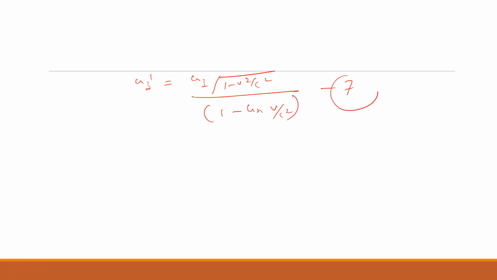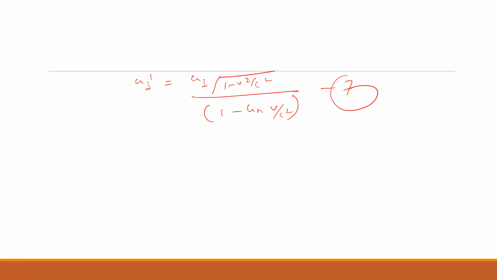Then you will get uz dash equals uz root of 1 minus v square by c square divided by 1 minus ux v by c square. Equation number 7.